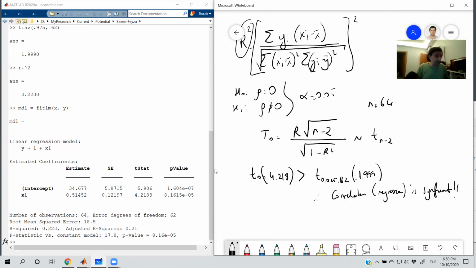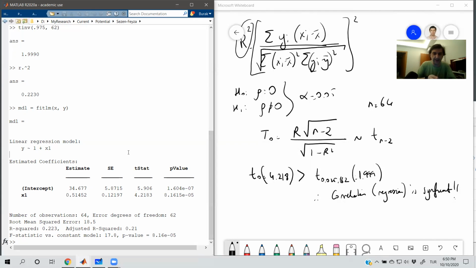Anyway, what I was going to talk about, the p-value, before forgetting. What about the p-value? We are going to try to find the cumulative distribution function for 4.218 with 62 degrees of freedom.